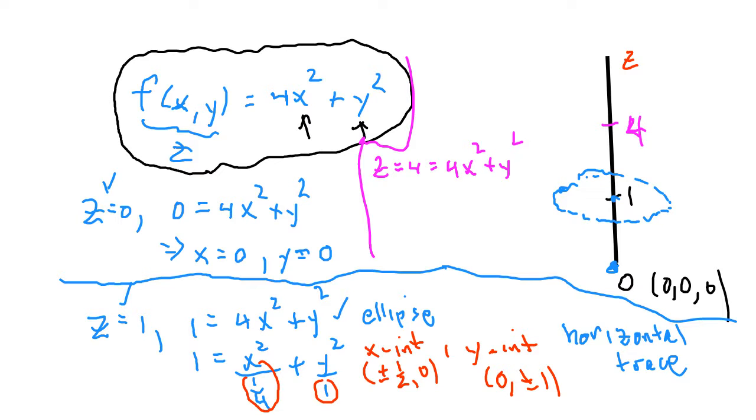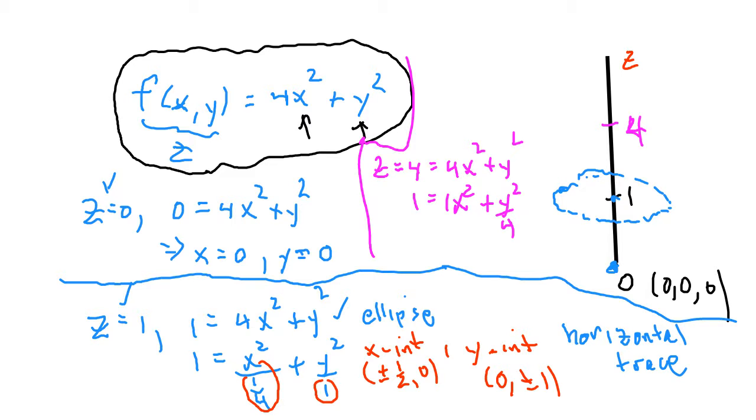If you divide both sides of this equation by 4, you'll get 1 equals x squared over 1 plus y squared over 4.